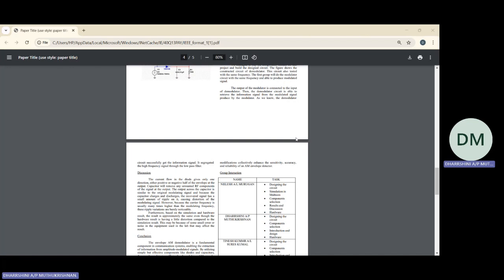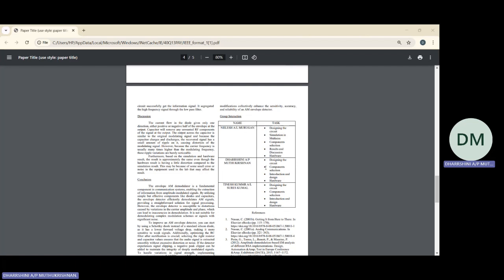However, because the capacitor charges and discharges, there is a small ripple that causes slight distortion. Since the carrier frequency is much higher than the modulating frequency, this ripple is usually unnoticeable. Both simulation and hardware results show similar outcomes, though the hardware result has a bit more distortion, possibly due to some small error or noise in the lab equipment.